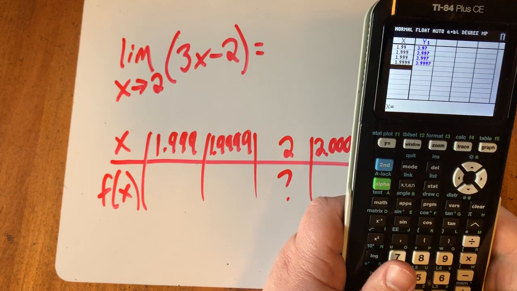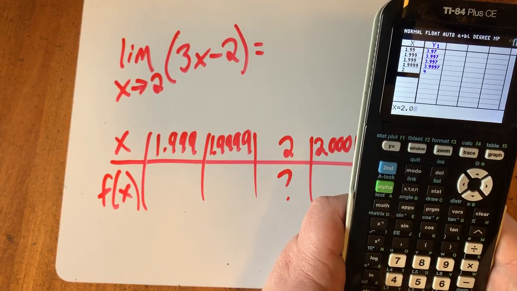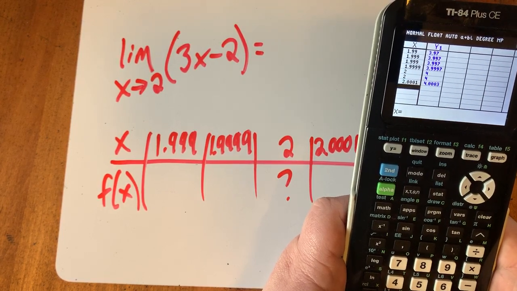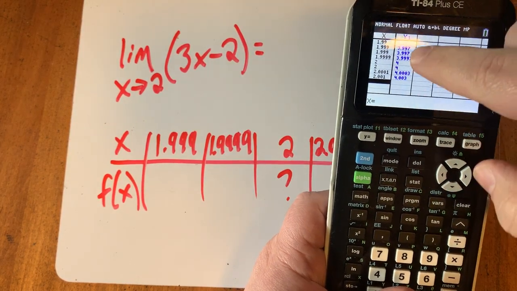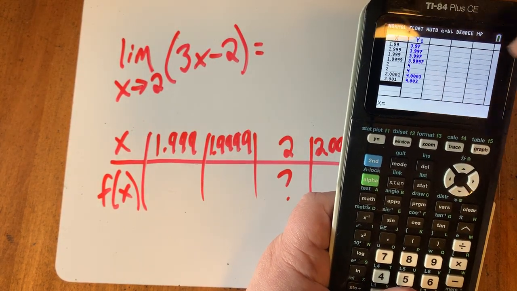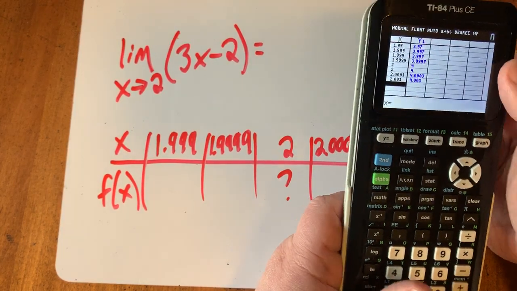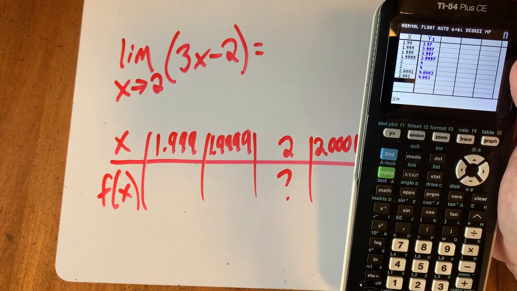And if you try it from the other direction, you can see what it's going towards as well. So from below, as you get closer to 2 from the negative side, you're getting closer to 4.